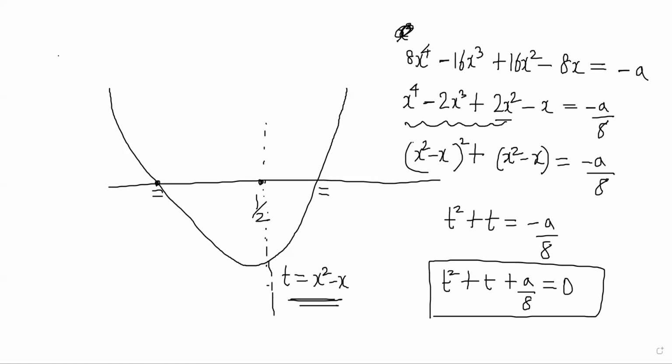So this graph they have tried to draw. T square plus t plus a by 8 equals 0. For the quadratic, the discriminant is root over 1 minus 4 into a by 8, which is 1 minus a by 2.